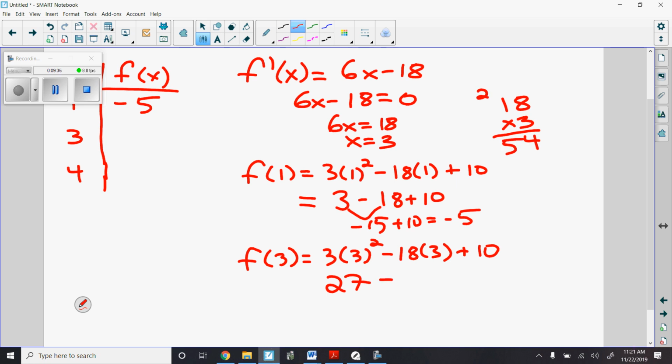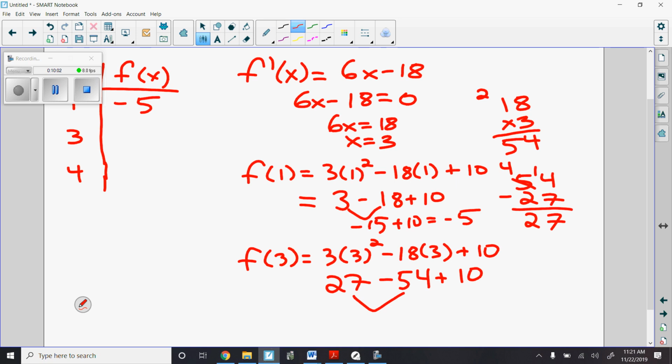So I got minus 54 plus 10. Now I have to do 27 minus 54. Again, I don't know what that is off the top of my head, but I see I have opposite signs here, so I need to subtract those two numbers. I'll do that over here. 54 minus 27. I'm going to go ahead and borrow. 14 minus 7 is 7. 4 minus 2 is 2.